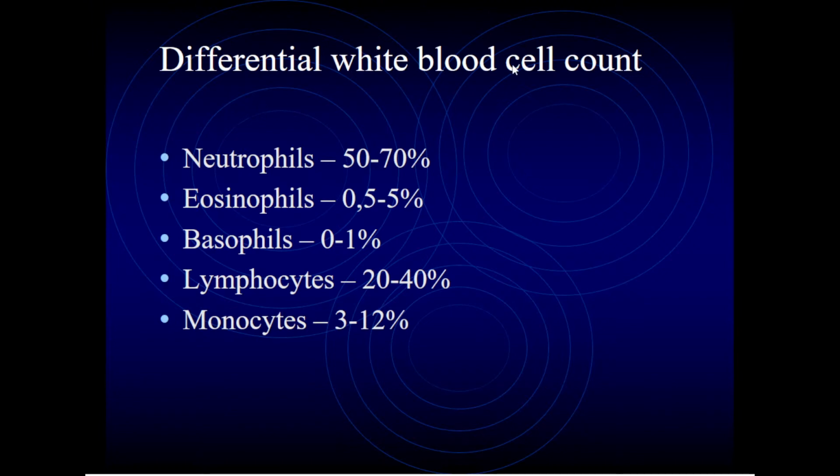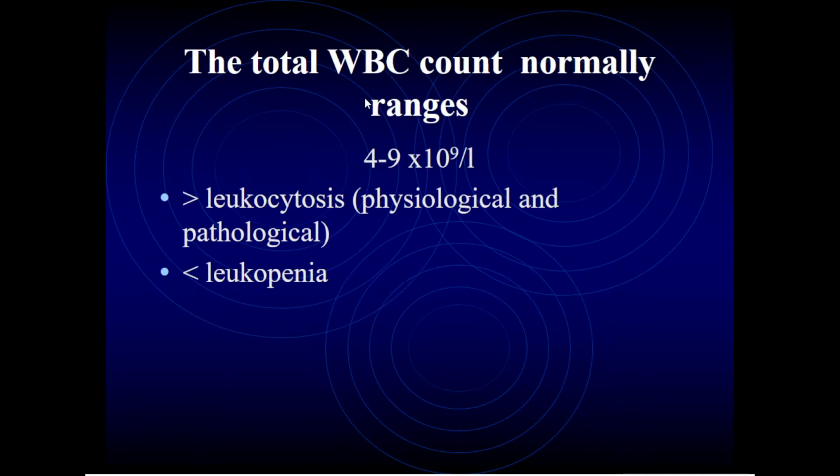So, the differential white blood cell count is the relative percentage of each type of leukocyte. The total white blood cell count normally fluctuates in this range, 4 to 9 times 10 to the power of 9 per liter, or 4 to 9,000 per cubic microliter of blood.